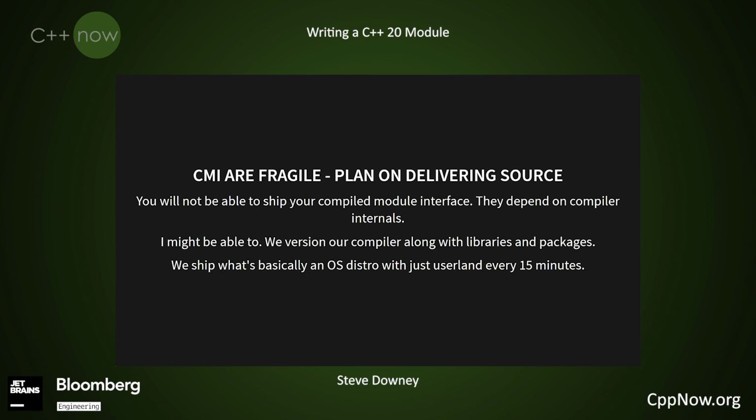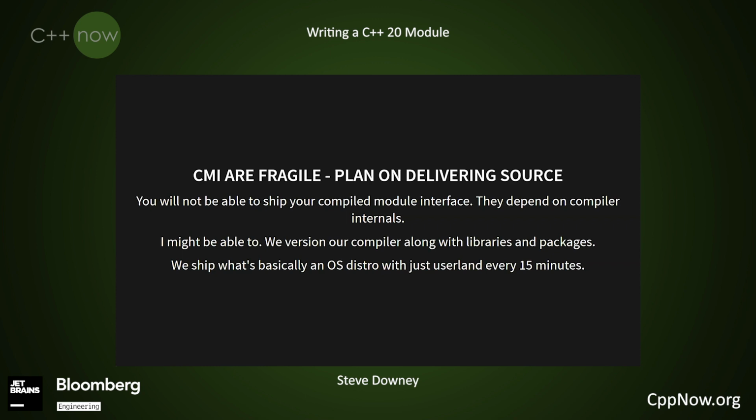Another big issue is that compiled module interfaces are fragile. Plan on delivering source. You will not be able to ship your compiled module interface. That compiled module interface depends on compiler internals. Now, I might be able to do it internally at work. Basically, we version our compiler along with the libraries and packages.